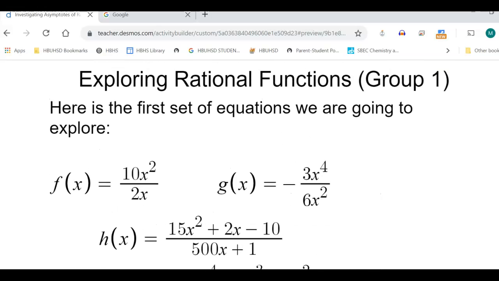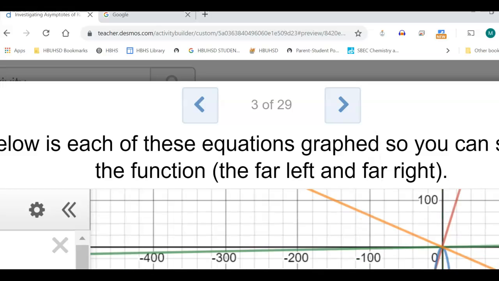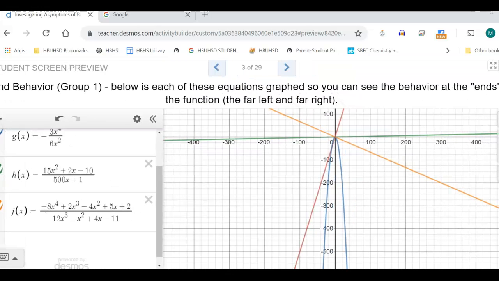And then we're going to look at their graphs. It's going to be a little bit weird. Oh, sorry, I need to zoom out. There we go. So some of them look like lines. One of them looks kind of like a parabola. But what I want you to look at is the ends of these functions.